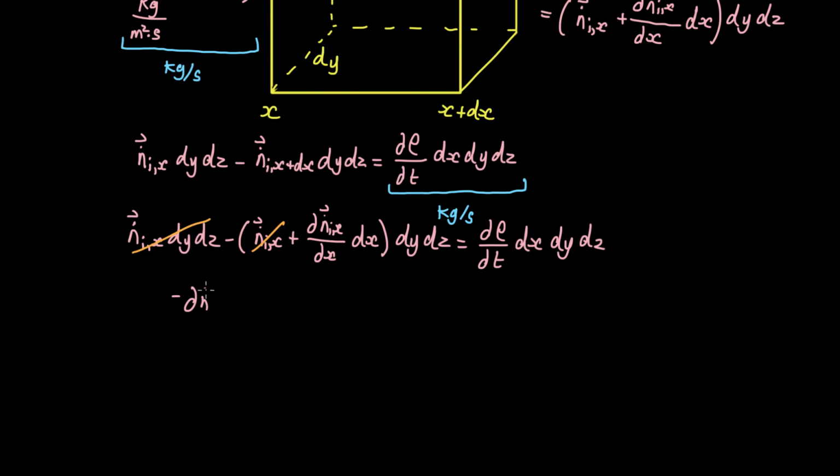This is the negative gradient of species i in the x direction multiplied by dx dy dz, and this is equal to the change in the density.